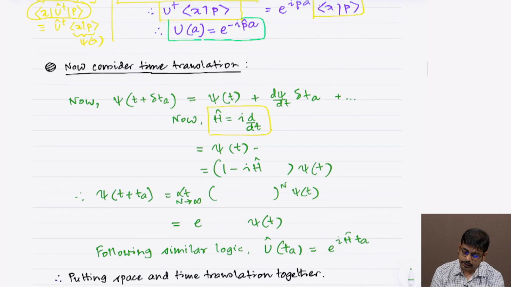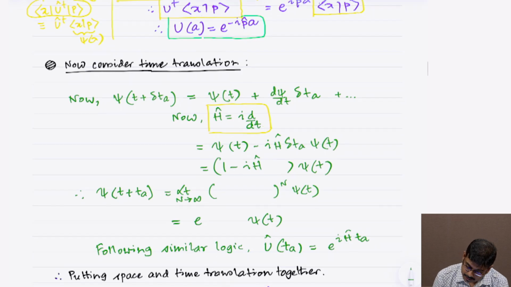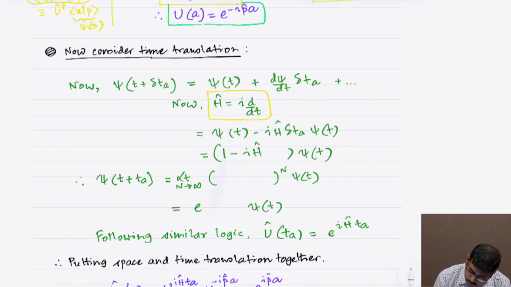So, now let us try to write the above expression in terms of the H operator. How can I do that? So, this is minus i H delta t a psi t, correct? And I am dropping the other term. So, therefore, you can simply say this is nothing but 1 minus i H hat delta t a acting on psi t.